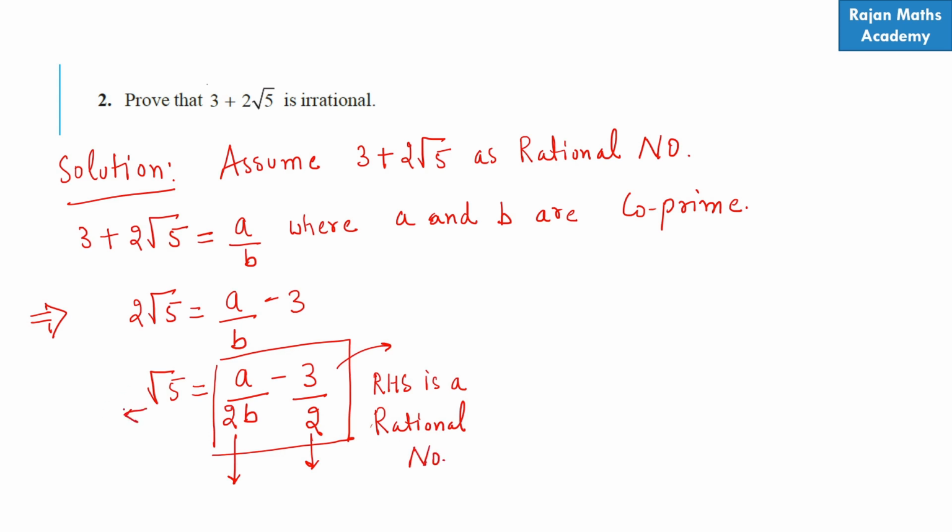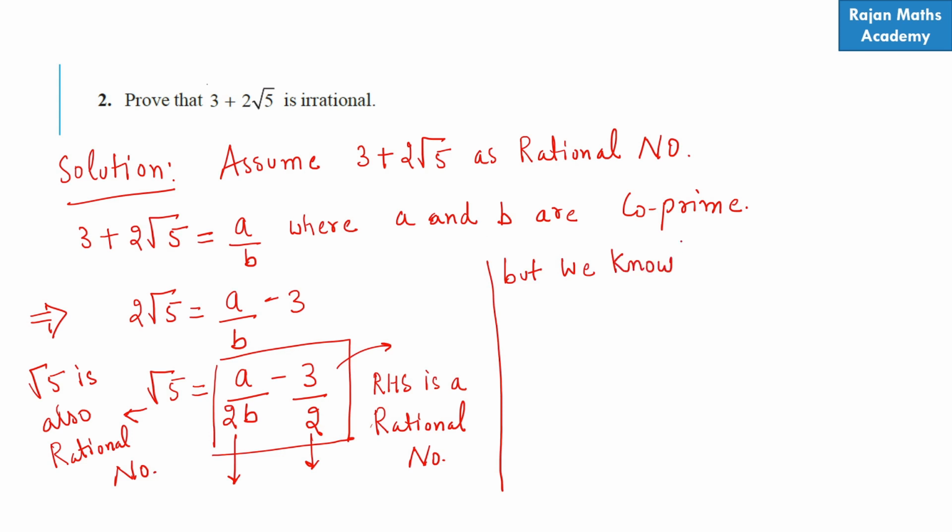So this implies root 5 is also a rational number, but we know root 5 is an irrational number.